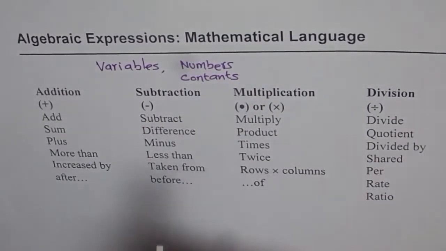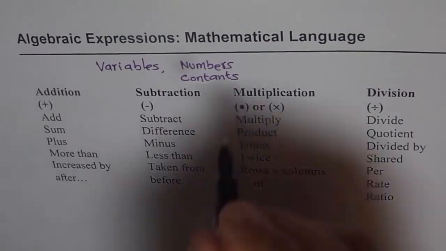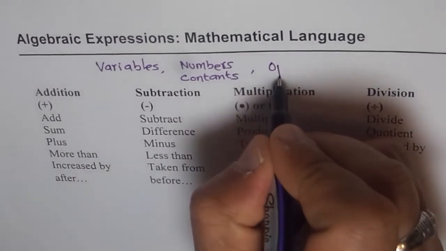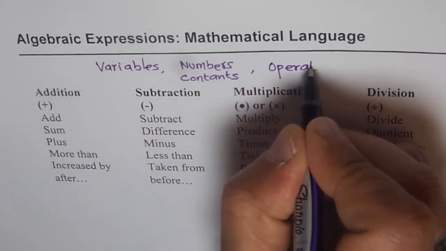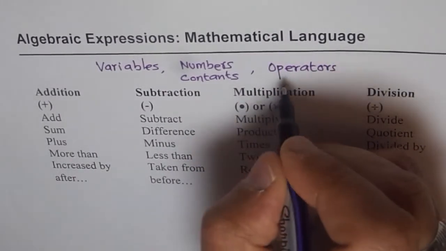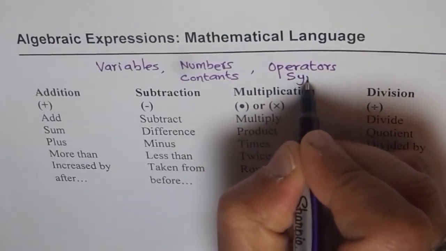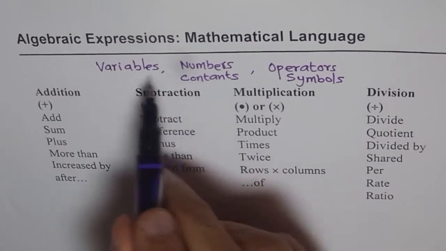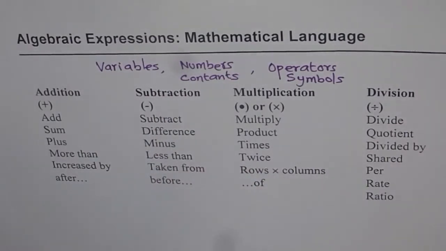And between these two, variables and numbers, there was one very important thing: symbols, which are operators. They connected numbers and variables and made a whole lot of sense, and that was our mathematical language.